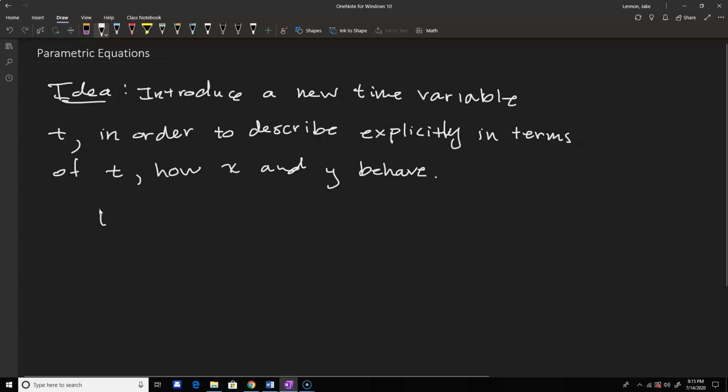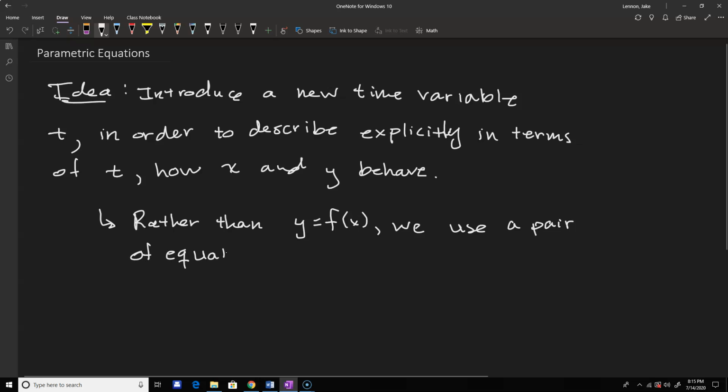So basically, rather than y equals f of x, we use a pair of equations x of t and y of t to describe our ordered pairs. Okay, so rather than just having an x, y ordered pair, you have an x of t and y of t ordered pair. And in this sense, your equation is not going to be unique.